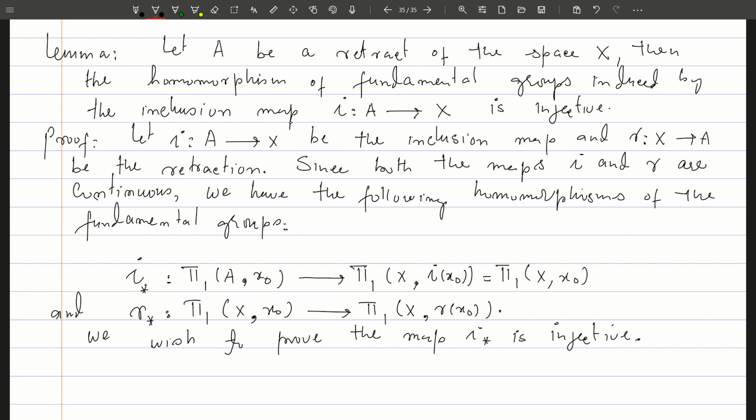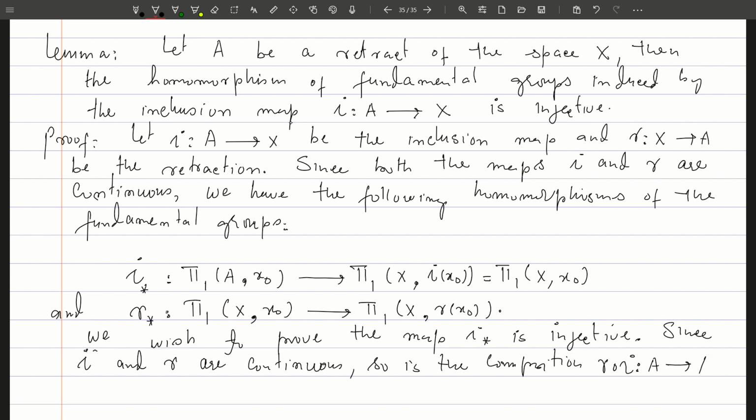Now one can note that since i and r are continuous, so is the composition r composition i, which is a map from A to A.